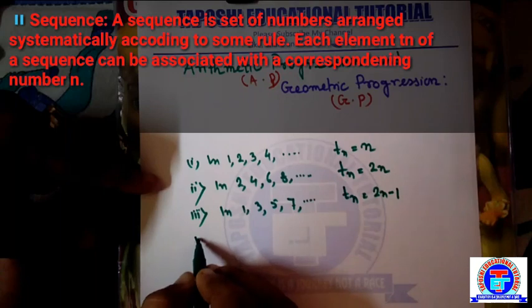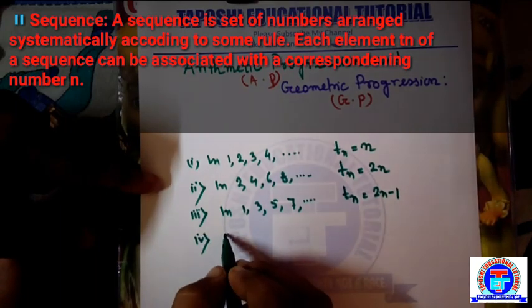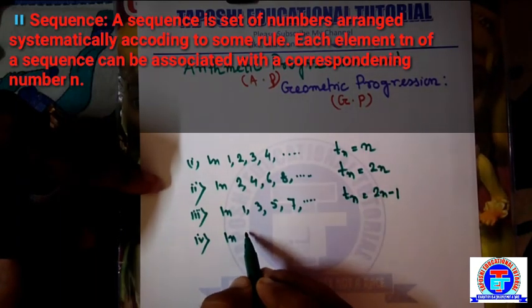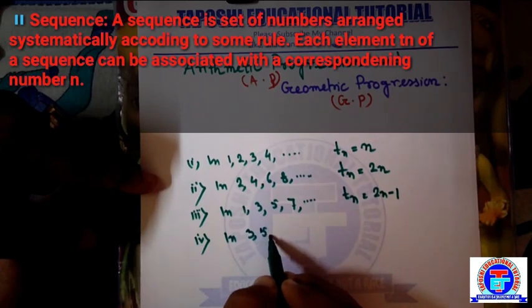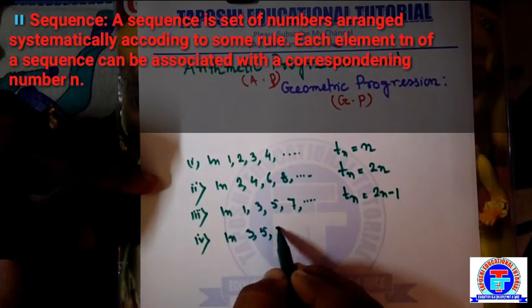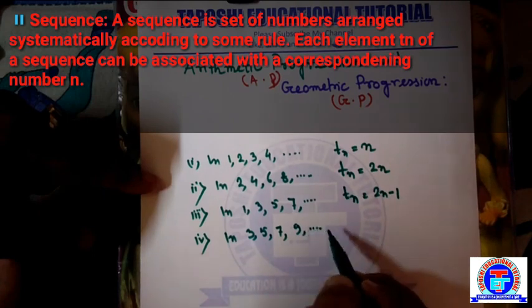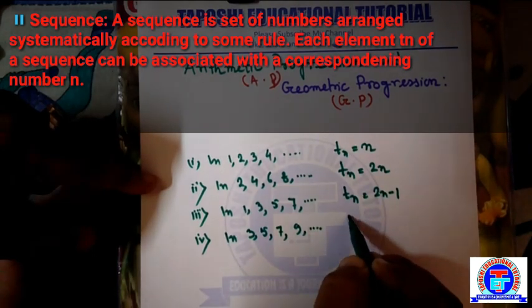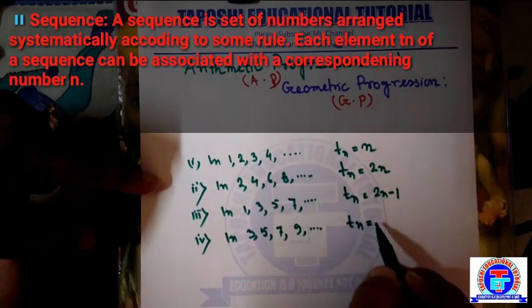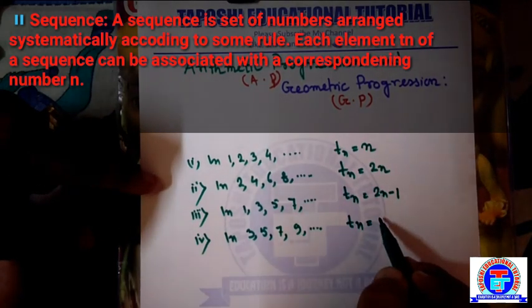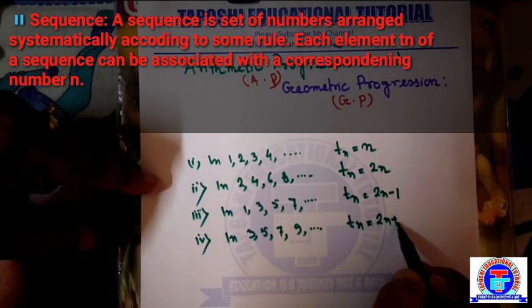Number 4: in 3, 5, 7, 9, and so on, here t suffix n is equal to 2n plus 1.